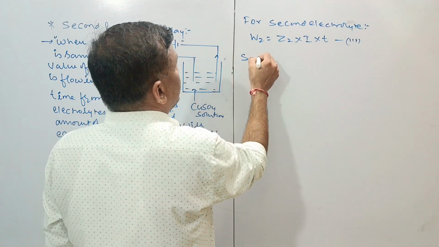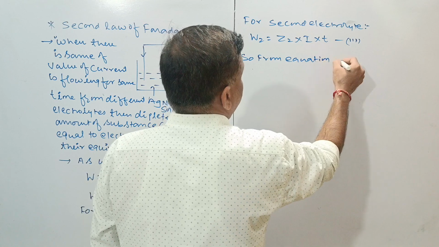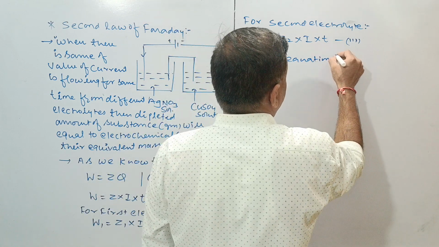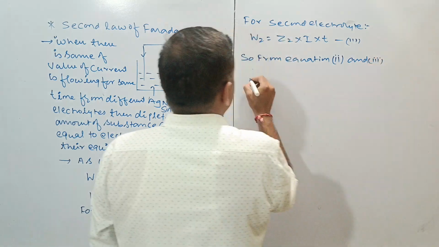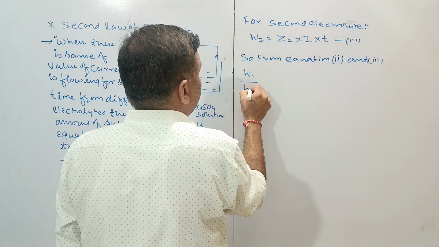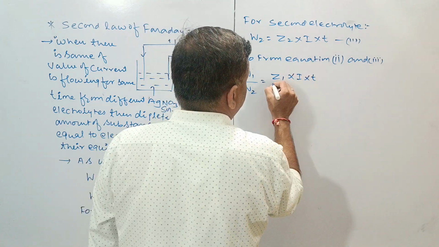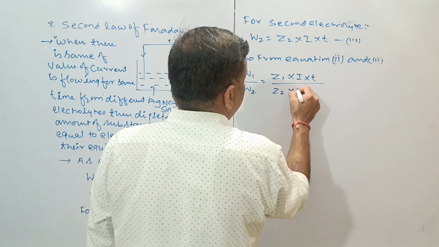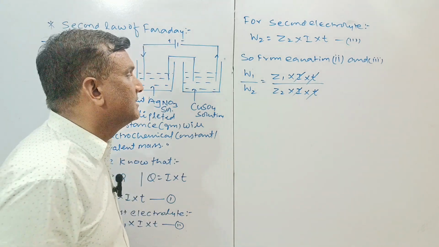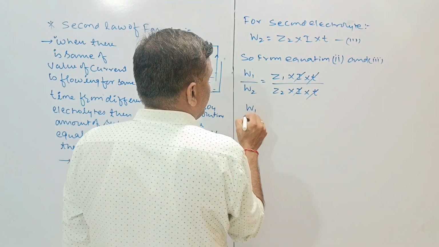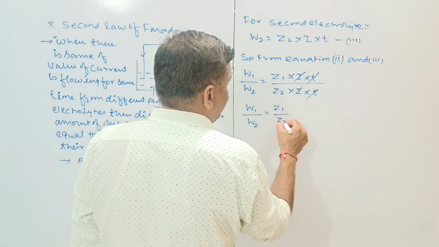So from the second and third equations, W1 upon W2 equals Z1 into I into T upon Z2 into I into T. T cancels T, I cancels I. So W1 upon W2 equals Z1 upon Z2.